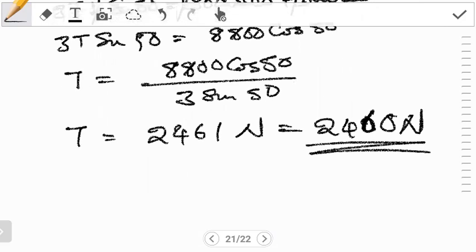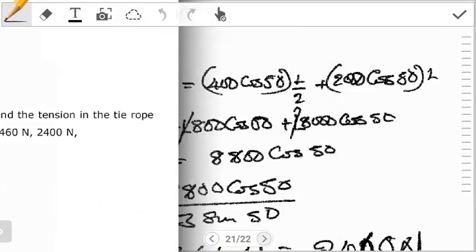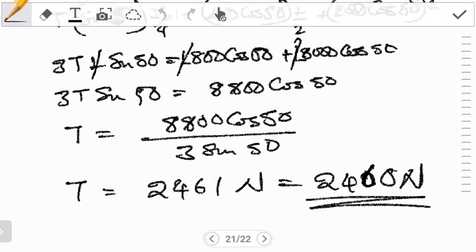The second part of the question, if we just go back to the question, is asking for the forces exerted on the beam by the pin at P. To get that, all we have to look at is that point. At this point, there are 2 forces.